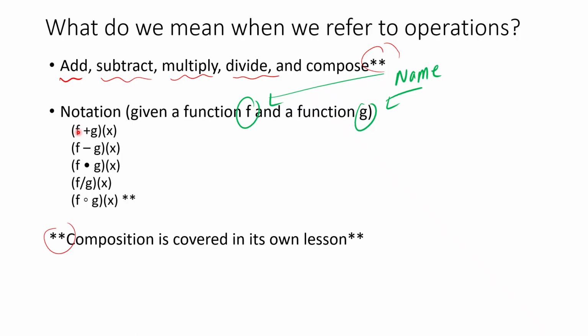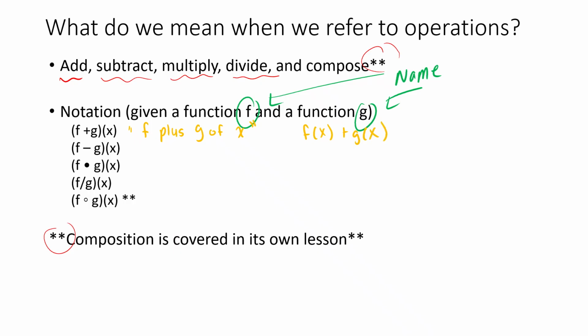Looking here, this is f plus g, and then we have the of x. The way we would read that out loud, we would say f plus g of x. It is not multiplication by x, okay? And that's even going to get weirder when we define what that means. That notation, f plus g of x, means to take f of x and add g of x to it.